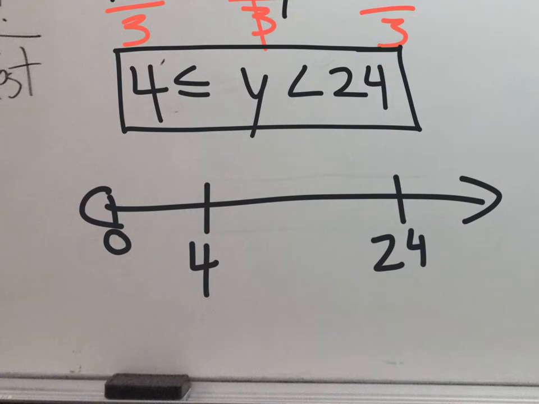You could just simply think, since everything was together since the start and we solved it and we ended up with an answer that's together, the area will be together. So on this side, at the 4, it has an or equal to, so that's going to be a solid dot right there. On the 24, it's an open dot because it doesn't have an or equal to, right? If it has an or equal to, solid.